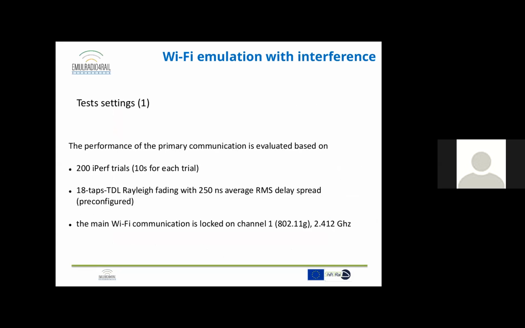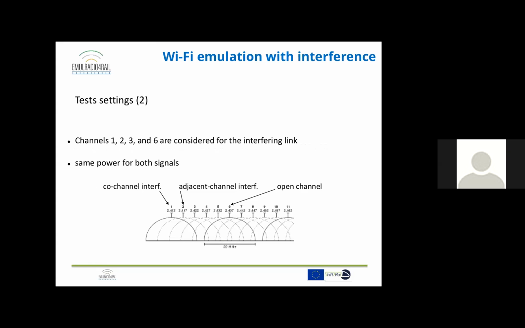For the test settings, we have about 2000 iPerf trials and 18-tap TDL channel models, and for the main communications we use channel 1. When I say channel 1, it refers to the main communication on the 2.512 gigahertz Wi-Fi channel.